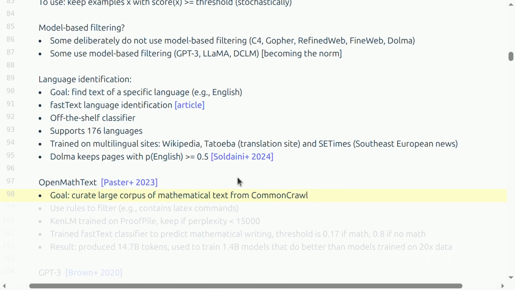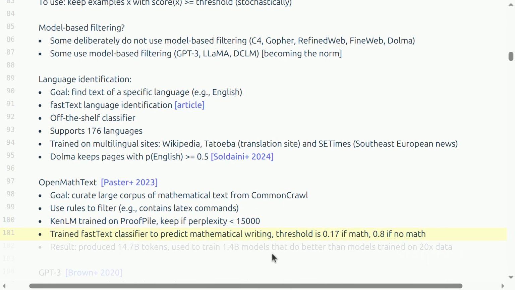So it's not training a single classifier. First you use some rules to filter: does it contain LaTeX commands? They also use KenLM, a generative approach, trained on the Proof-Pile, which is a known dataset of math, and keep a document if the perplexity is below some threshold.